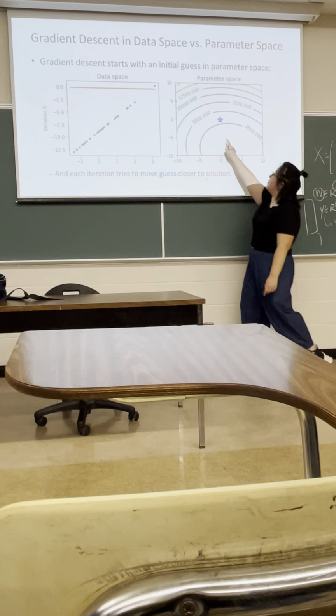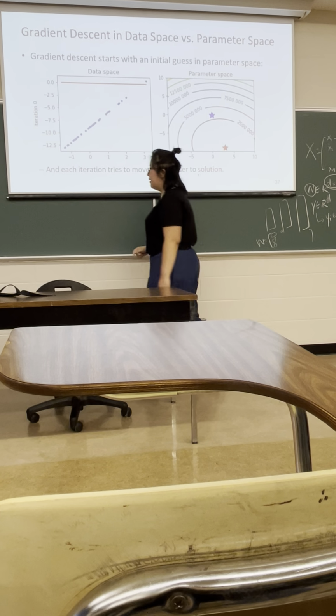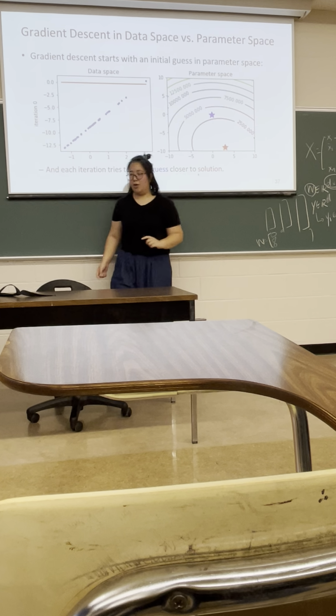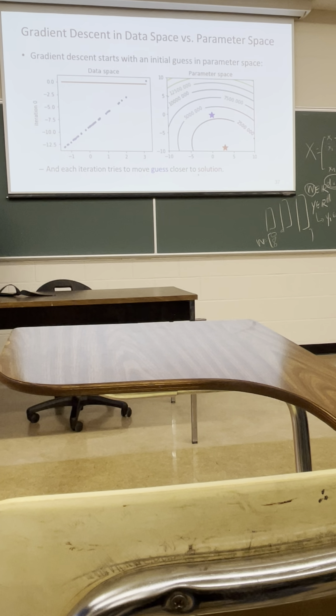We'll start from a random guess, this blue star. Hopefully it's close to the optimum and we don't start from the very far corner, because in that case it would take longer to get close to the optimal solution.